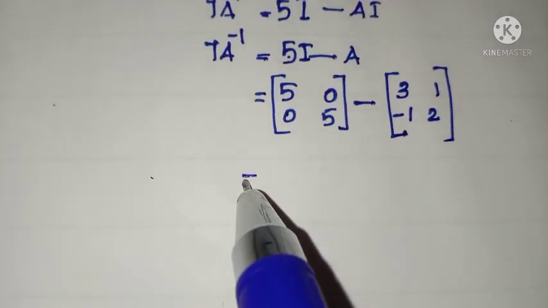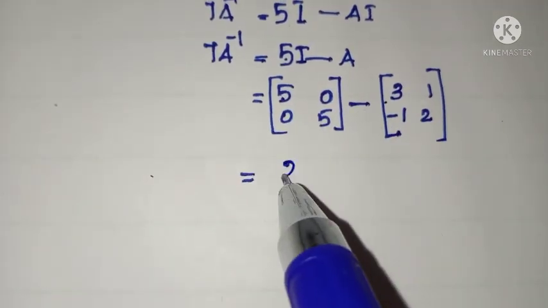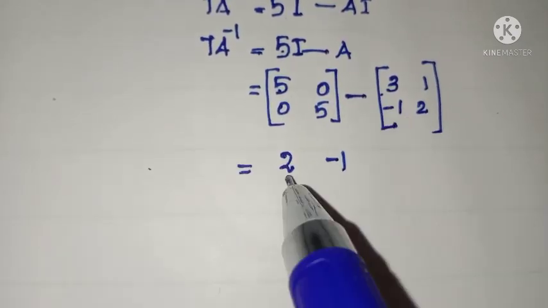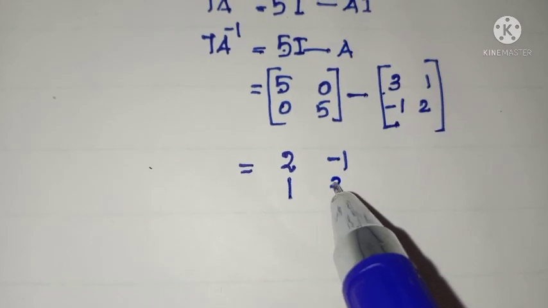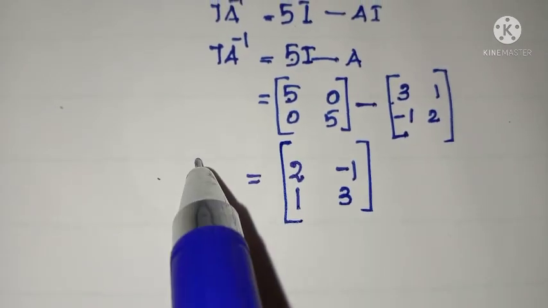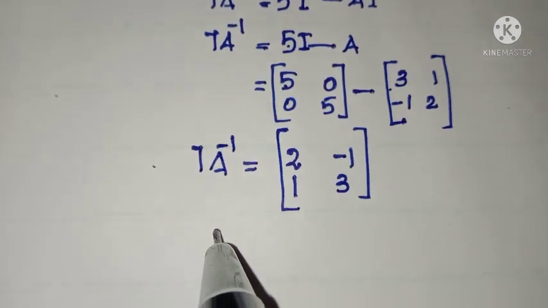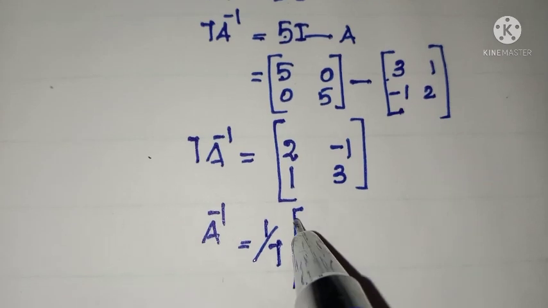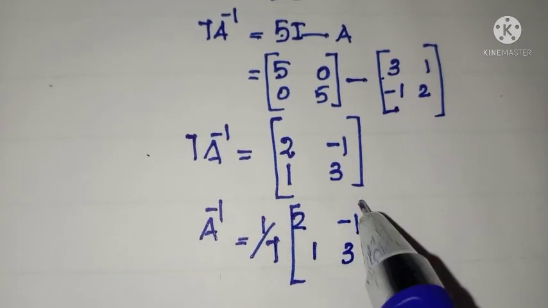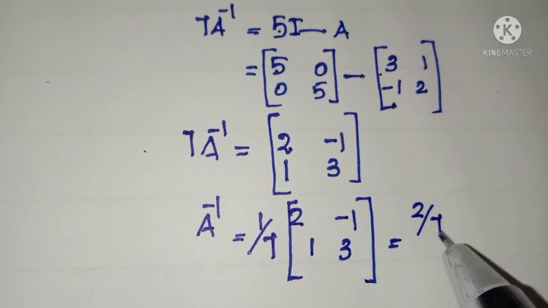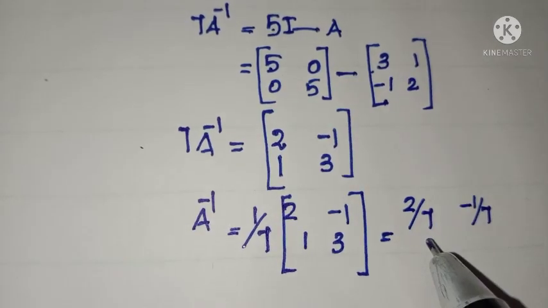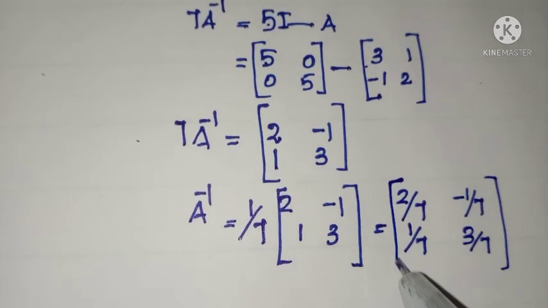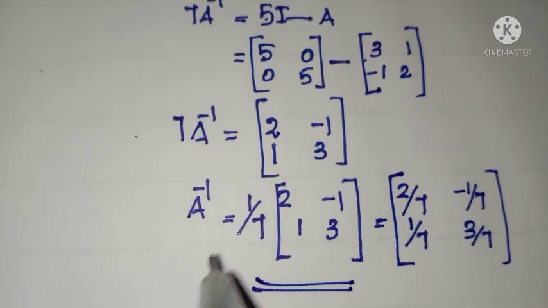Now subtract the matrices. 5 minus 3, 2, 0 minus 1, minus 1, 0 minus minus 1, 1, 5 minus 2, 3. So this is the matrix 7 into A inverse. So A inverse is 1 by 7 into matrix 2, minus 1, 1, 3, or 2 by 7, minus 1 by 7, 1 by 7, 3 by 7. So this is the required inverse of the given matrix.